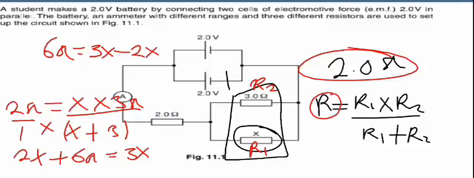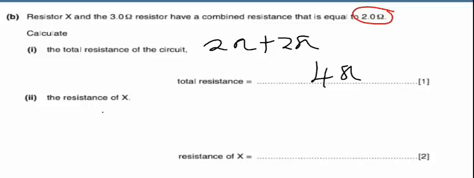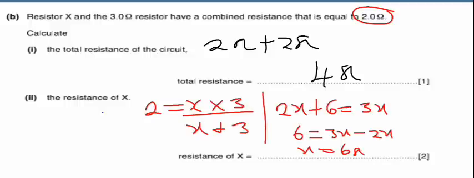Now, 3X minus 2X, I'm going to get X. So X is going to be equal to 6 ohms. So meaning the value of X here is just going to be 6 ohms. This one is our answer.